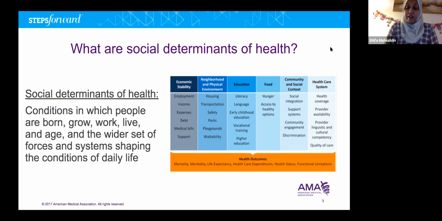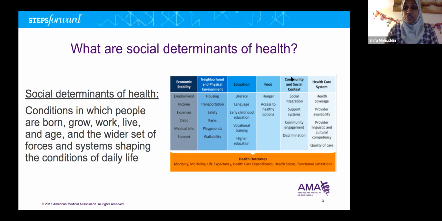So in terms of economic stability, we have employment, income, expenses, things that can happen. For instance, somebody who runs into a major illness in life and takes on a huge amount of medical bills, medical debt. These things can determine and often turn their health status around.